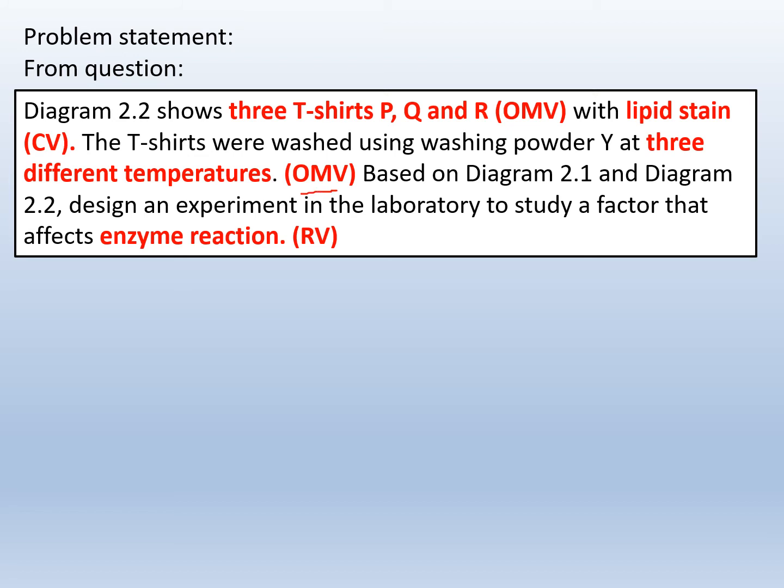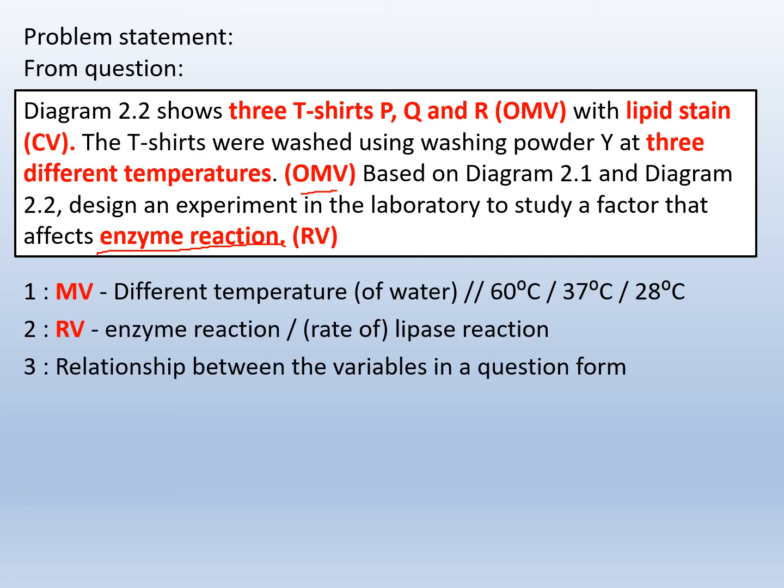Based on diagram 2.1 and diagram 2.2, design an experiment in the laboratory to study a factor that affects enzyme reactions. This is the RV, responding variable. So the manipulated variable is different temperature based on the question, or you can write 60, 37, and 28 degrees Celsius. This one is in the table in the question.